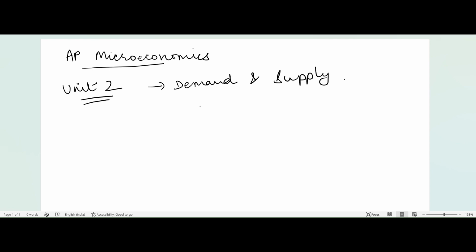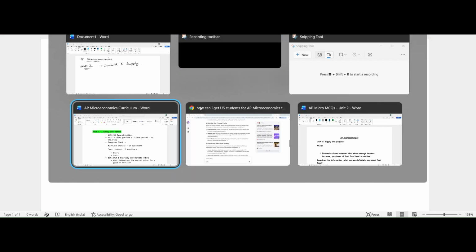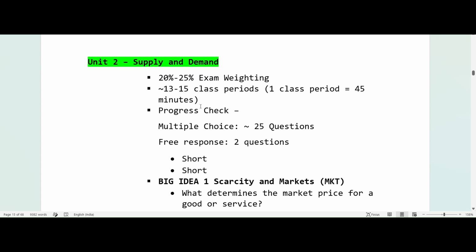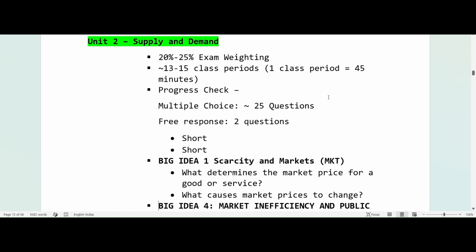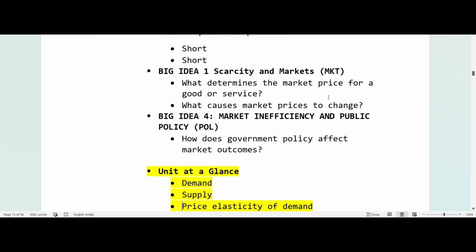Before that, let me walk you through the curriculum of demand and supply. That's the weightage, and approximately 25 multiple choice questions, and then you might have short free response questions from this, and then the big idea is this.